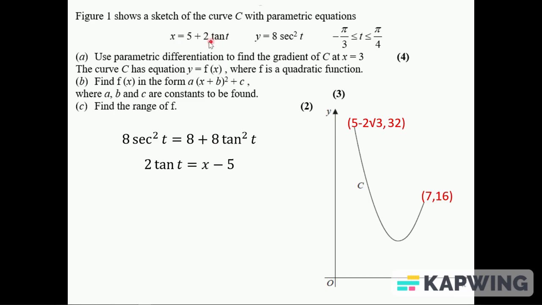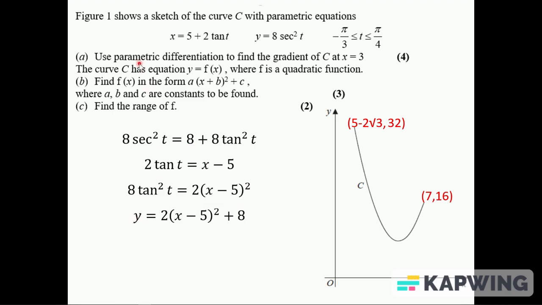Well, if I rearrange this, I'll have 2 tan t is x minus 5. If I square it, I'll have 4 tan squared t is x minus 5 squared. And then I can double both sides to get 8 tan squared is equal to 2 times that bracket. And then I can replace the 8 sec squared t with y, the 8 tan squared t with this, and then we've got an extra plus 8 on the end.